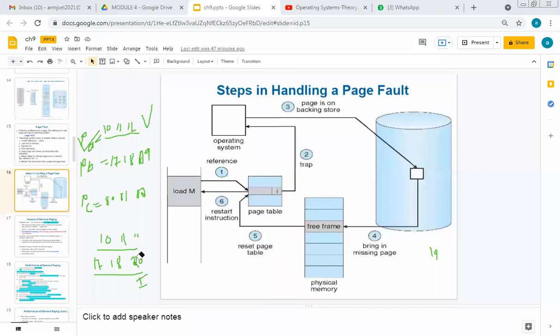Take out page number 20 and shift it to disk. Then its requirement, page number 19, is available here, so swap it in. Then redefine the entry to the new one, because all the contents are now available. Hence process B is successful.